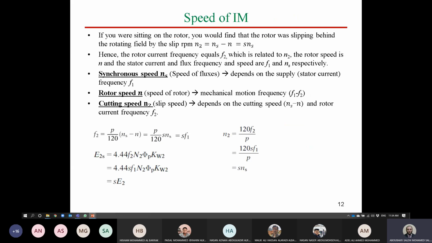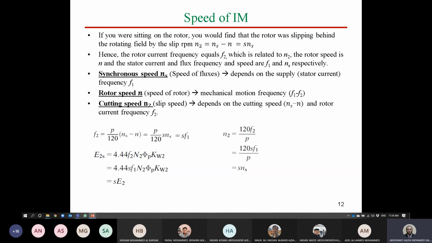On this, we have many speeds now. We need to recognize these speeds. First, we have synchronous speed, which is the speed of flux in our machine, either for rotor or stator. For the stator, it's very clear because it depends on the supply frequency and the stator current. But why is the rotor flux the same frequency?